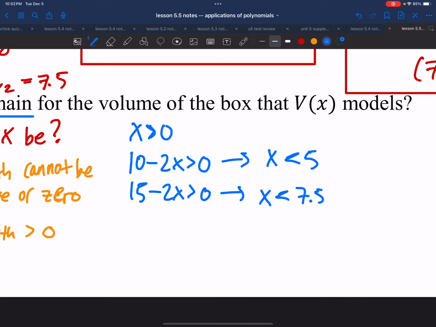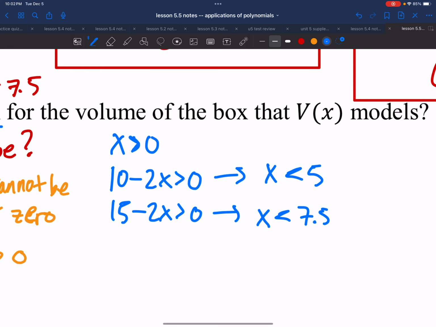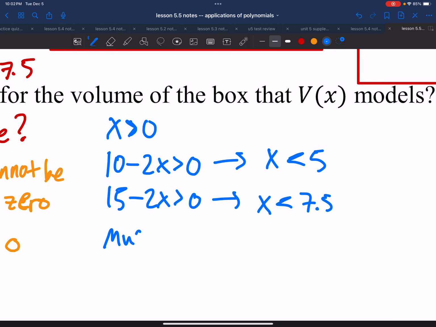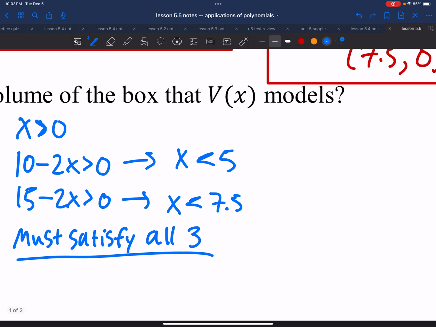Now, condition, right? Must satisfy all three. So x has to be greater than 0, and it has to be less than 5, and it has to be less than 7.5.